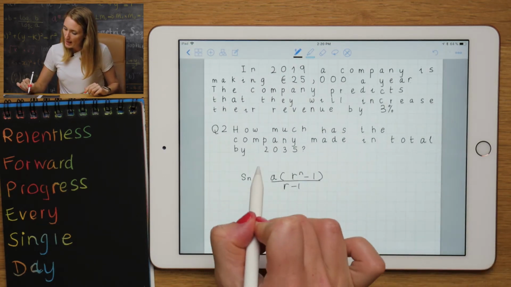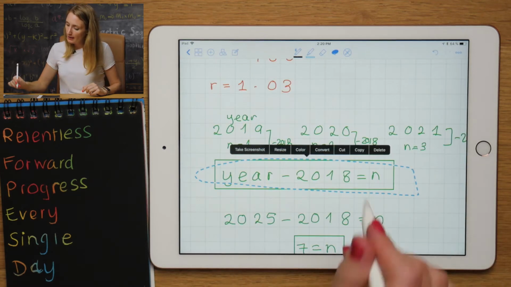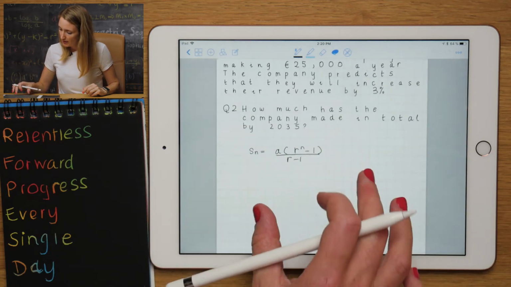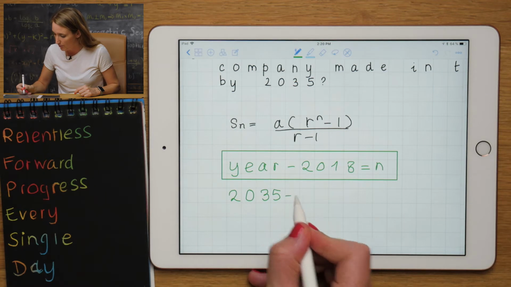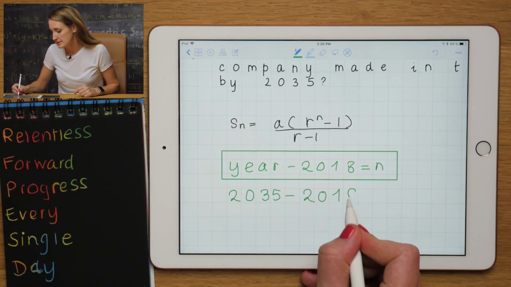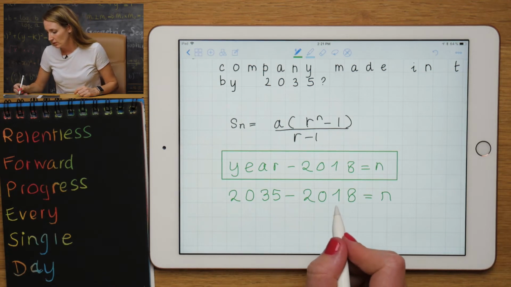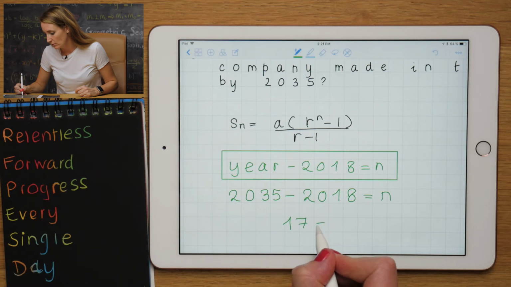Now again, we haven't been given the n, we've been given 2035. So I go back to my formula and I calculate the n that goes with the year 2035. So 2035 minus 2018 will give us our n. So 17 will be our n.